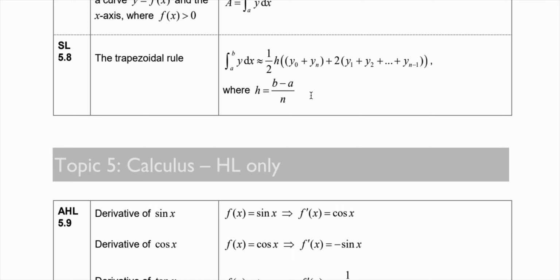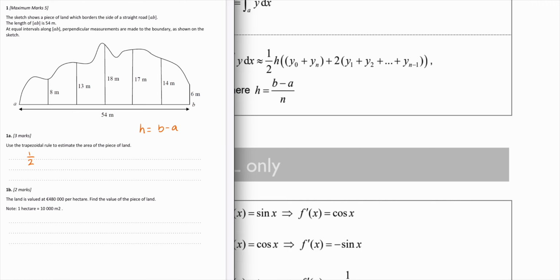So what it means is, approximately speaking, we do half of the height or width of the trapeziums, which is b minus the a value. So they're the two ends of the size that you're looking at. For example, that would be the length here from A to B, so 54, and we're going to divide that by how many pieces we want it to split into.